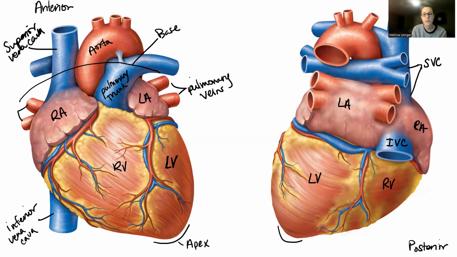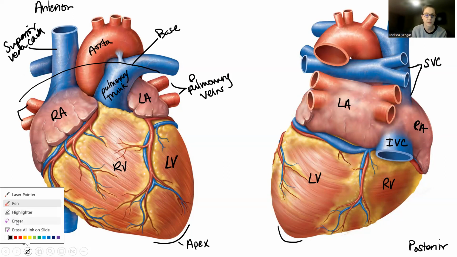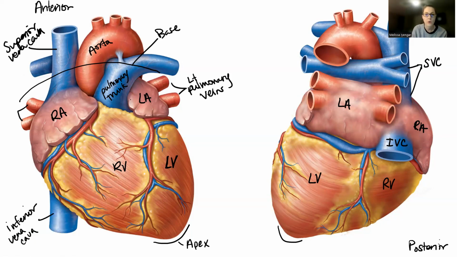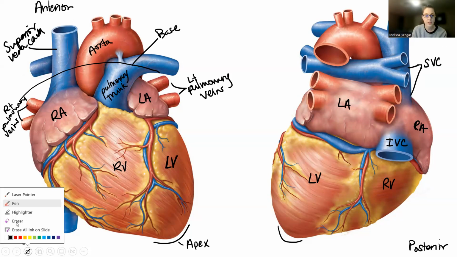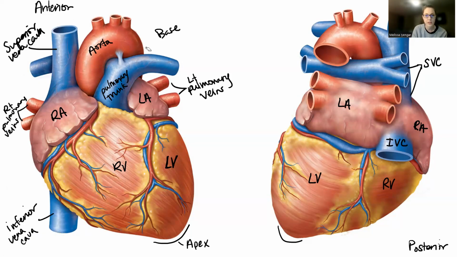Okay, so this is the left pulmonary vein, anatomical position. These are left pulmonary veins, and over here I have right pulmonary veins. Like that, okay? And I'm just going to erase this base part, mostly because it's getting in my way in terms of my labeling.